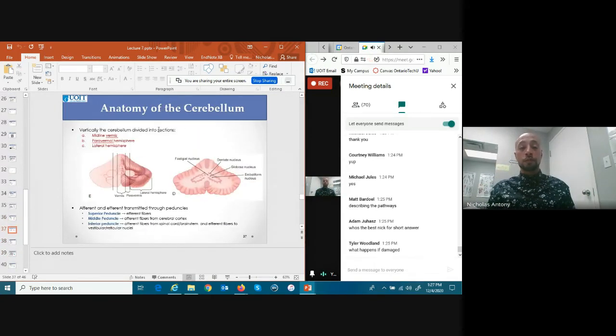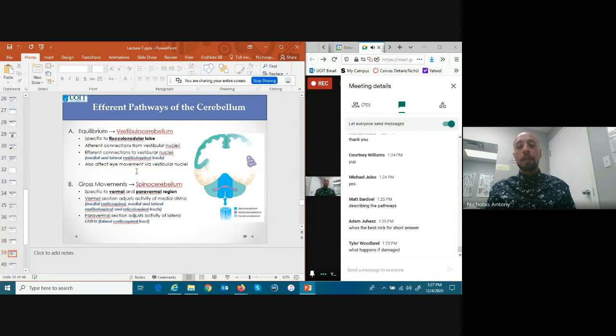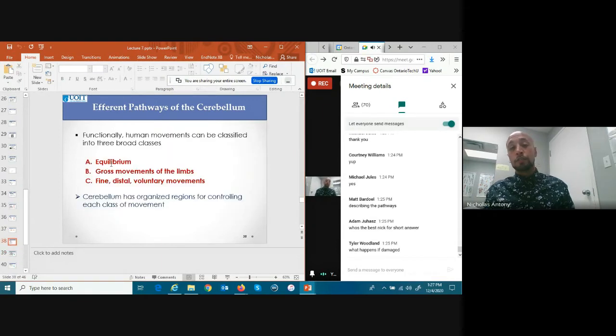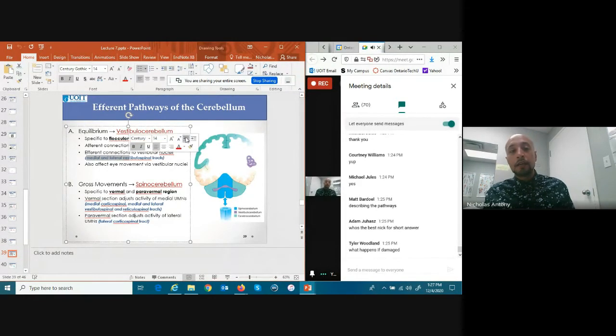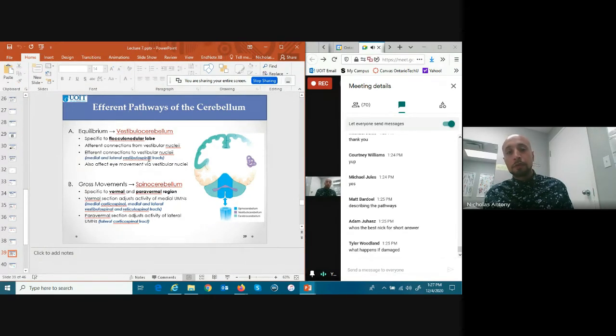These are the lobes of the cerebellum. And it's basically organized into the types of movements that it's responsible for coordinating. And that's why when you come through here, you can see that tract information. Obviously, the vestibular cerebellum is going to be associated with the vestibulospinal tracts. Vestibular means inner ear.